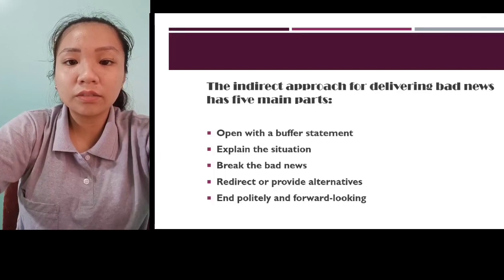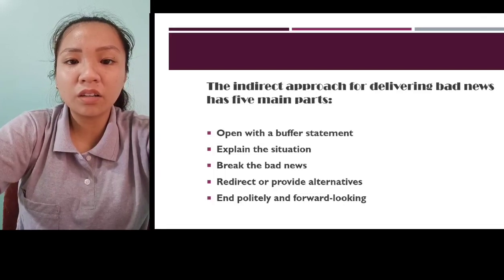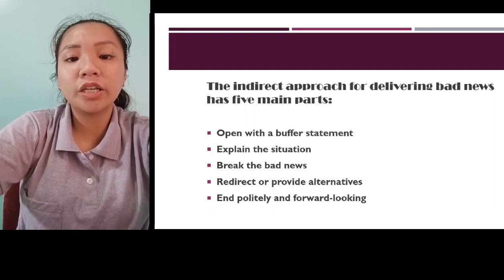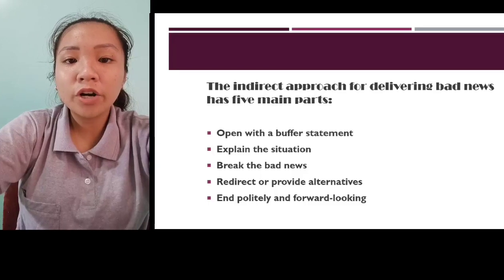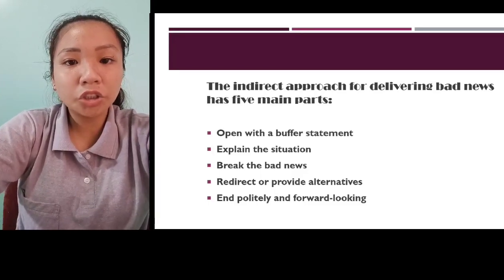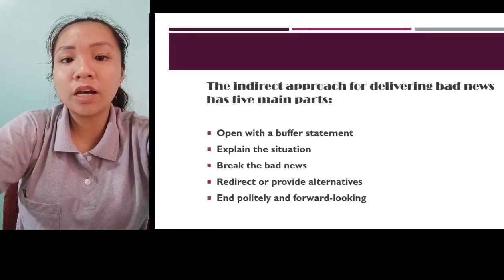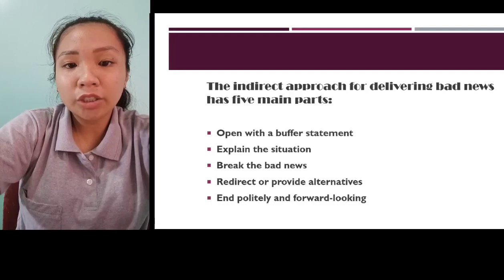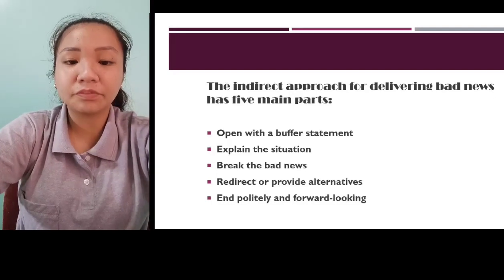Fourth is redirect or provide alternatives. The fourth part of a bad news message is the redirect, where you refocus attention on a solution strategy, possible alternatives, or the subsequent actions that will take place.